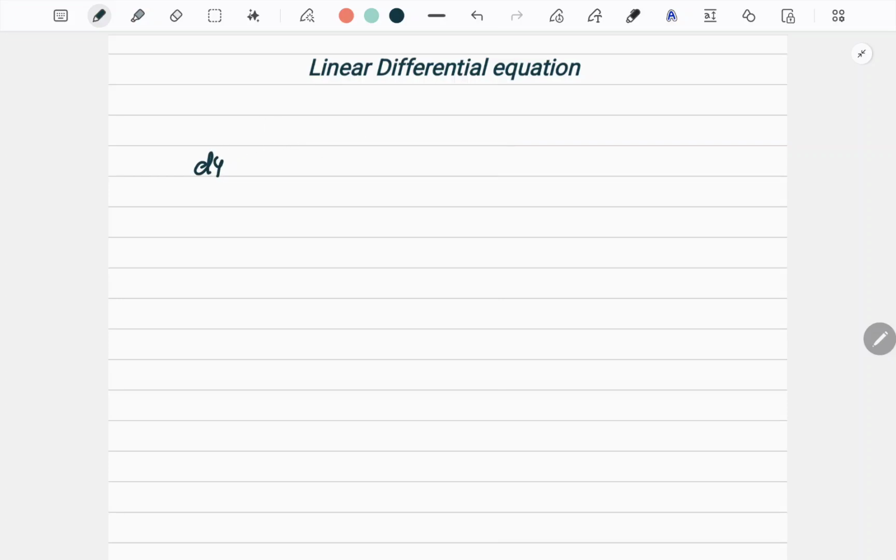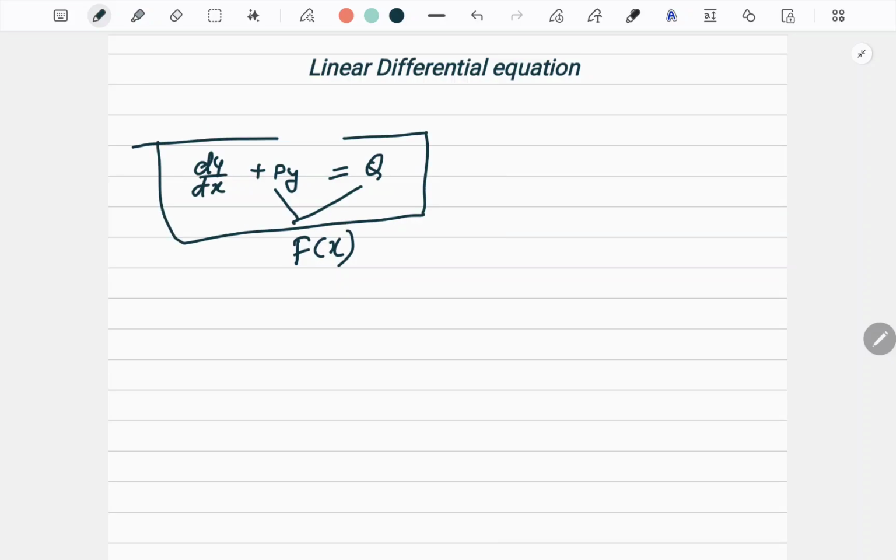Here p and q are certain functions of x. So this format is called linear differential equation and we have to learn the method to solve it.